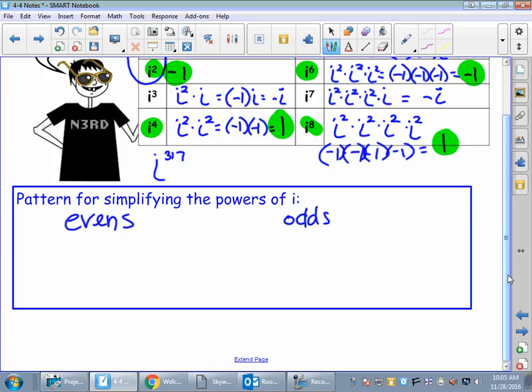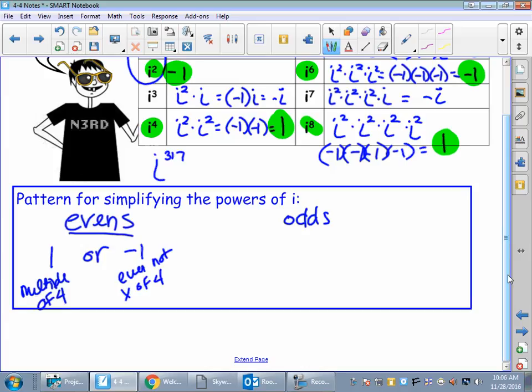Now evens are 1 or negative 1. And when you look at the evens, 2 is negative 1, 4 was 1, 6 was negative 1, 8 was 1. So even more so, if it's a multiple of 4, it's going to be 1. And if it's just even, not a multiple of 4, it's going to be negative 1.